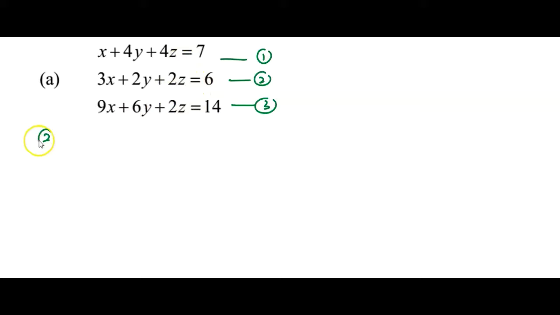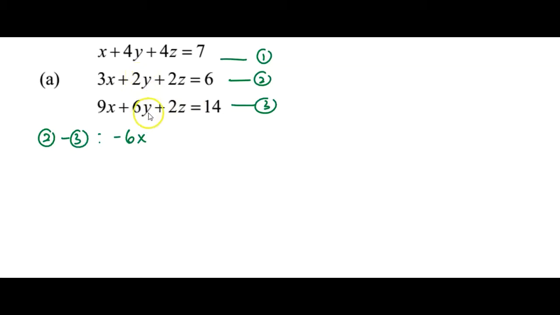I'm taking equation 2 minus equation 3, because what I see here is 2z. If we take equation 2 minus equation 3, 2z minus 2z will be 0. So if I take equation 2 minus equation 3, the x term, 3x minus 9x, will be negative 6x.